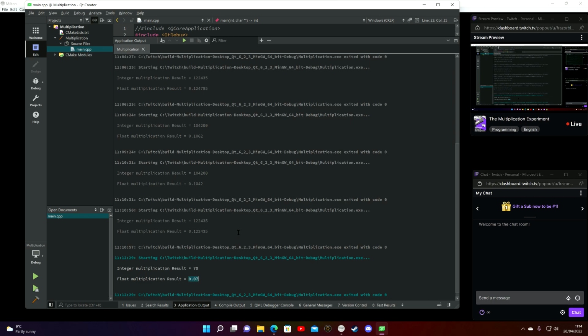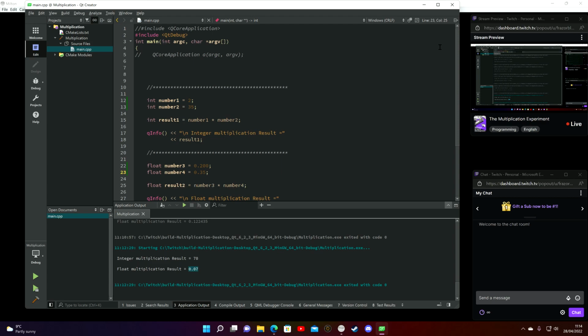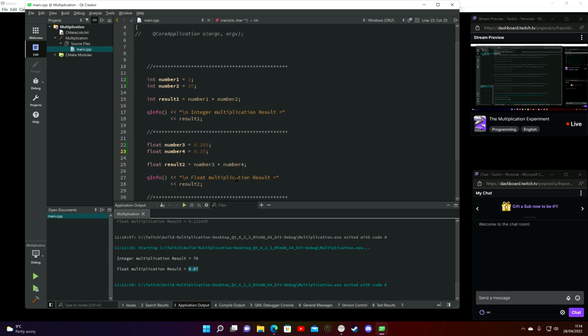In binary, you cannot represent the number 0.7. So if I was to multiply this by 10, you get 700. What would you get here? So let's multiply by 10.